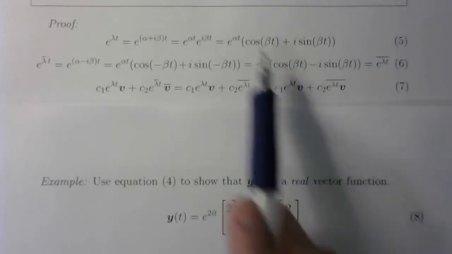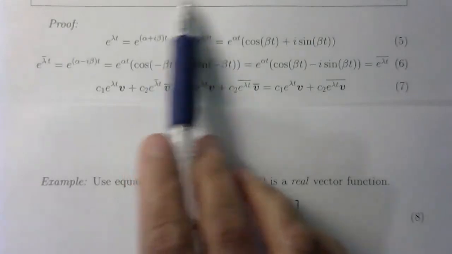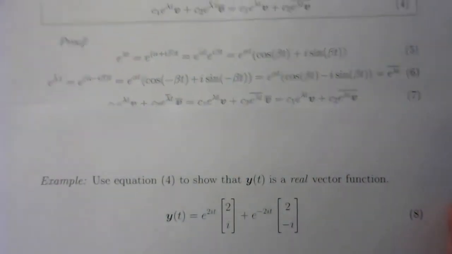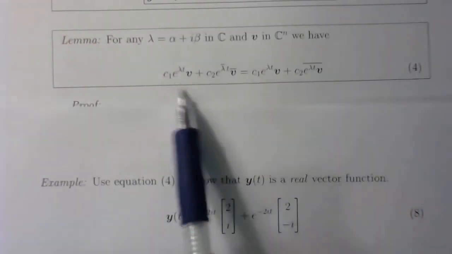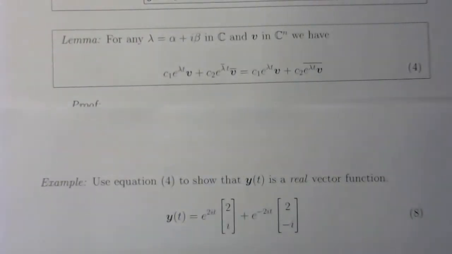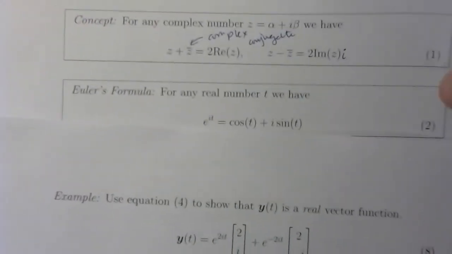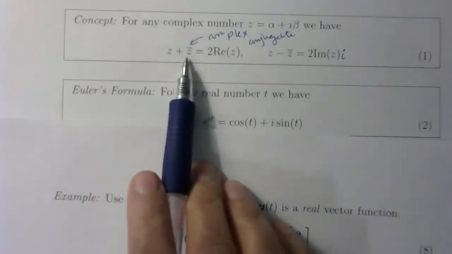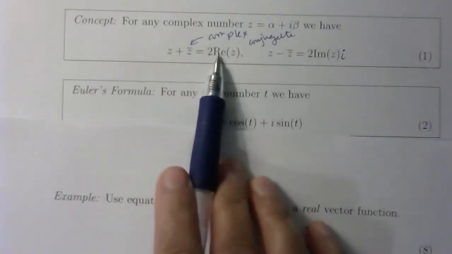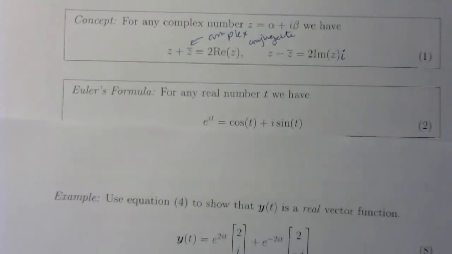So it is exactly this form that we have here in equation 4, where c1 and c2 are equal. So what we're really getting into is this first concept, that z plus the complex conjugate of z is some real quantity. So let's see why that is.